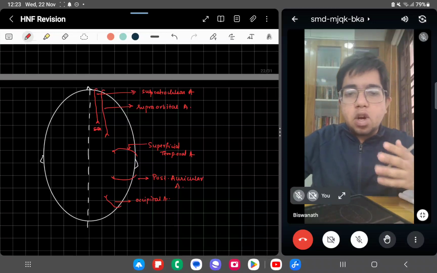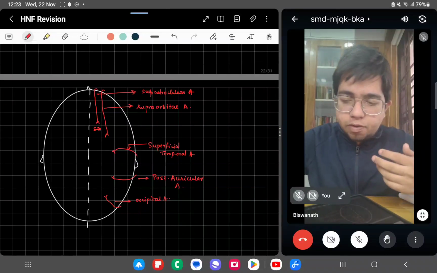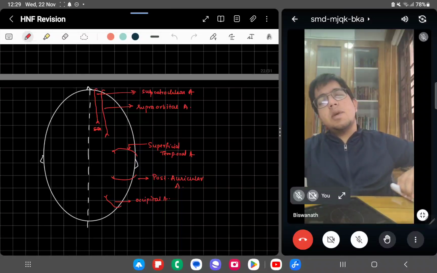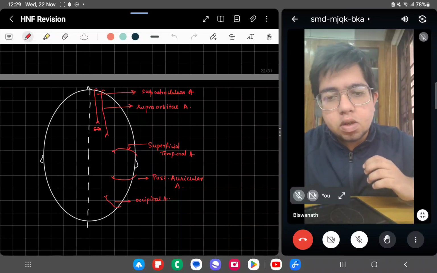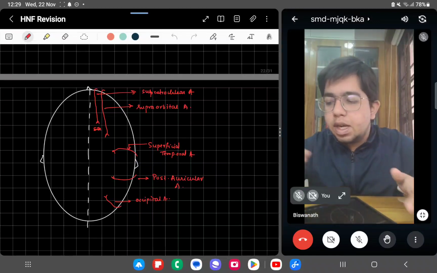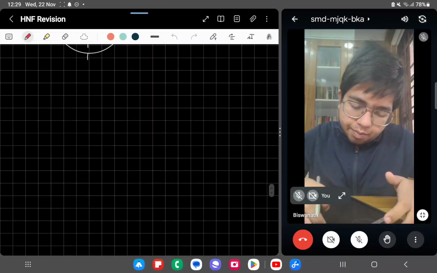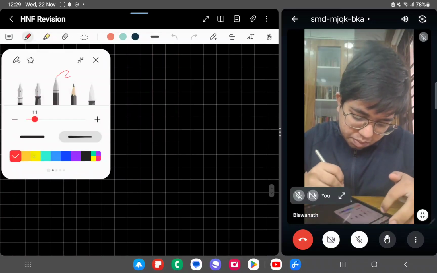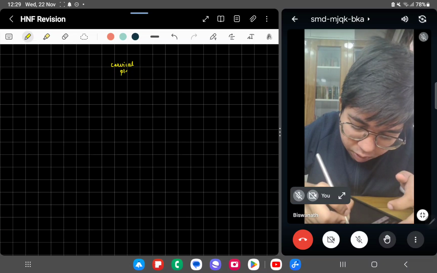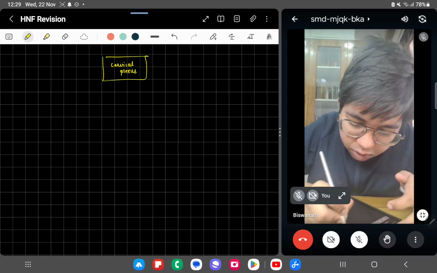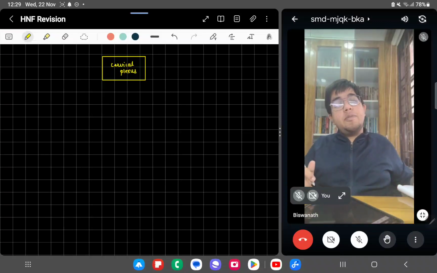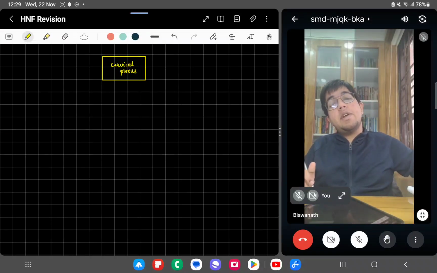Let's move on to our next concept of the head and neck. Let's talk about our cervical plexus. All the plexuses form from ventral primary rami.